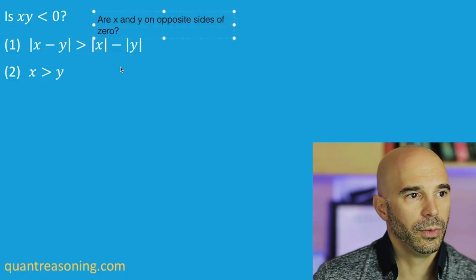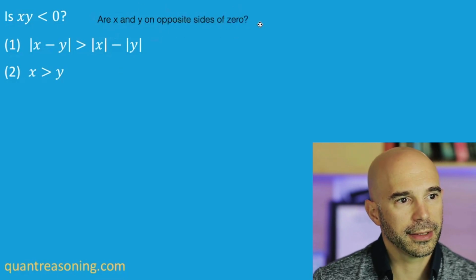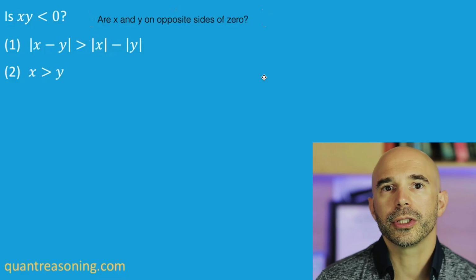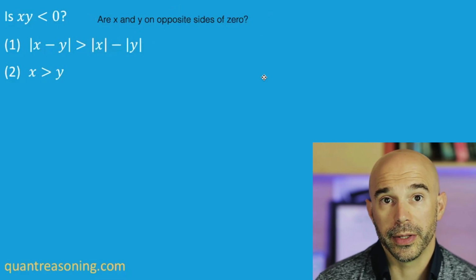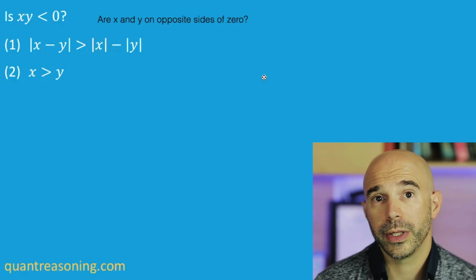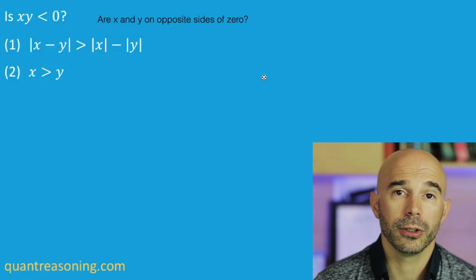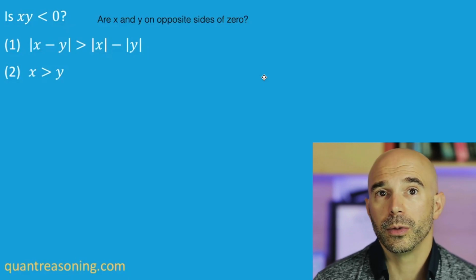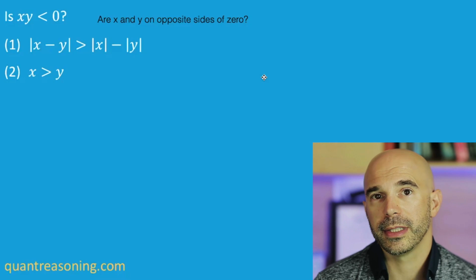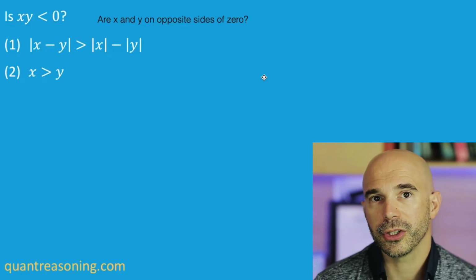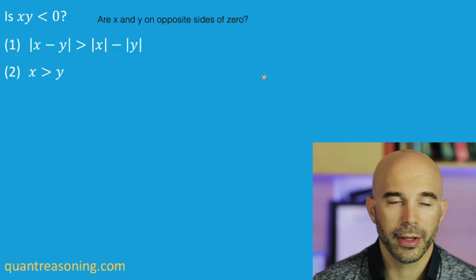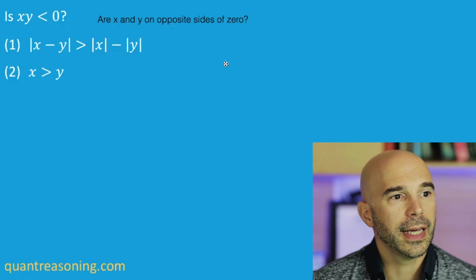So that was good. Once we've done that, we have to ask ourselves, looking at the statements, which statement would we like to start with? And I always say start with the statement that is easier to evaluate. Often one of the statements will be obviously sufficient or obviously insufficient, and if that happens, you want to start with that one. In this case, that would be statement 2.